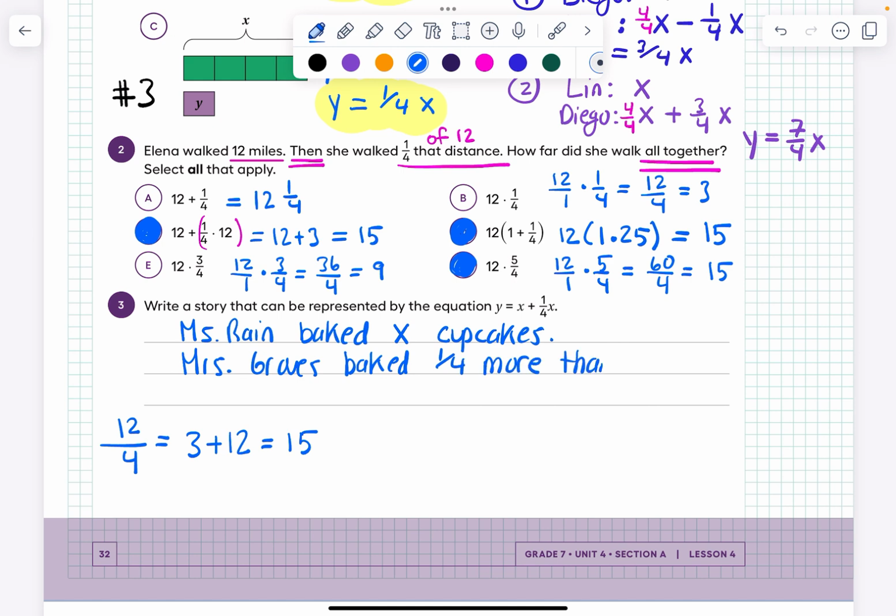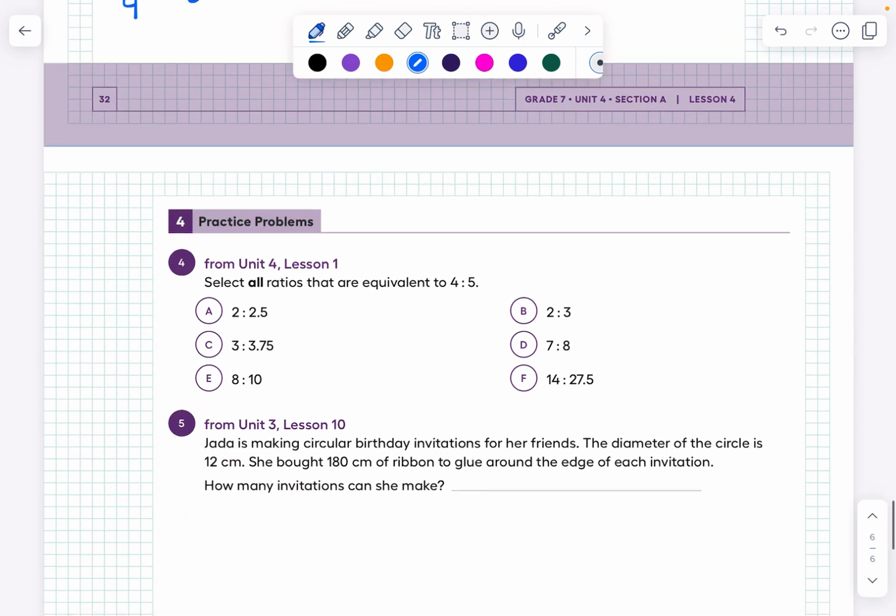There are so many possibilities. Please create your own. If you use my cupcake example, I know that you'll have copied.